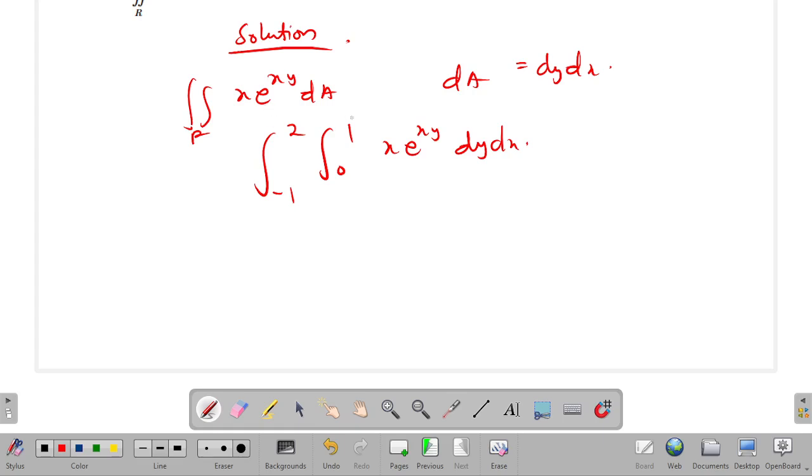So for the first one, if you integrate this expression with respect to y, what do you think we will get? So we want to integrate this expression here with respect to y, right?